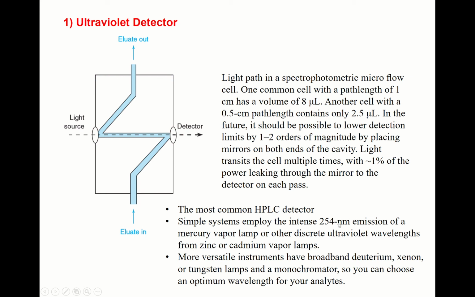But mostly this one, the mercury vapor lamp, is widely used. Okay, more versatile instruments have broadband deuterium, xenon, or tungsten lamps and a monochromator, so that you can choose an optimum wavelength for your light.